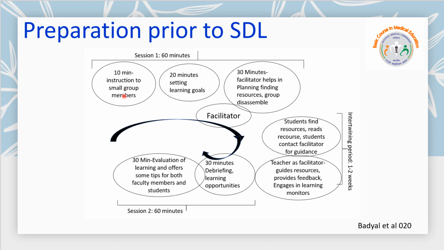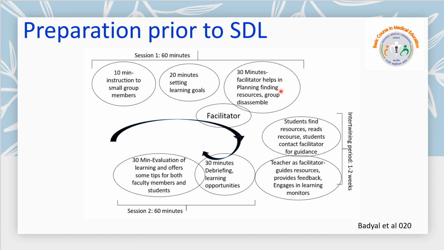So the group distribution will be done in the first 10 minutes, followed by 20 minutes of setting the learning goals. What are the things that the group will learn? The definition of anemia or thalassemia, what are the clinical features, how they will investigate, and all these things, those goals should be set.